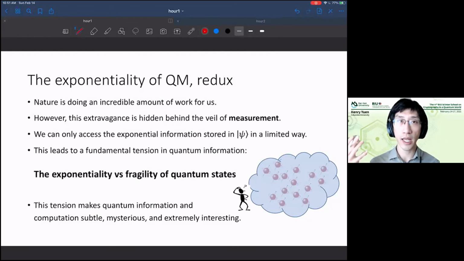After you measure, your state gets collapsed. It changes. So you can only get access to this exponential information in some limited way. There's this tension between the exponential nature of describing these states versus their fragility, coming from measurement. Okay, so that's it for this first part.